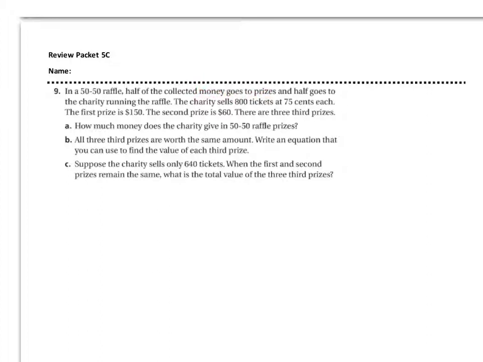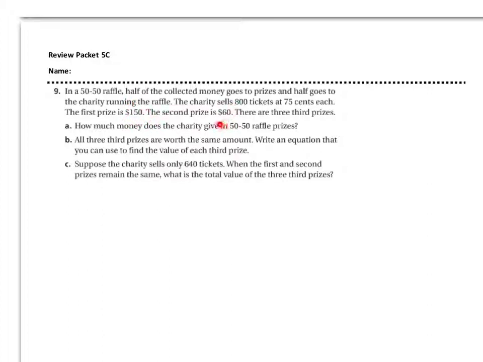Whatever the money, half of it goes to the prize and half goes to the charity. In that half of the money, they give out $150 as a first prize and $60 as the second prize.